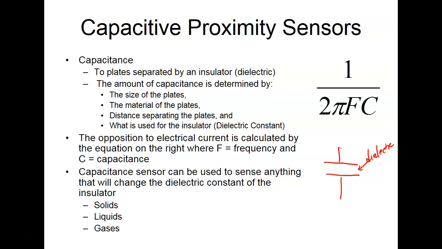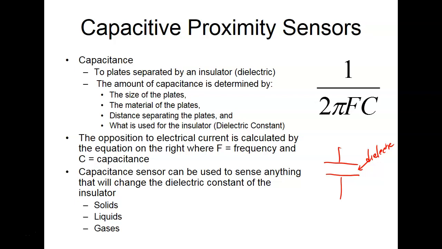So what happens is we have two conductors that are close together. We put AC on them, so these things work with AC. And then we change what we put between the two plates. The plates are separated by an insulator called a dielectric. The amount of capacitance is determined by the size of the plate. So one thing, these things operate off AC.